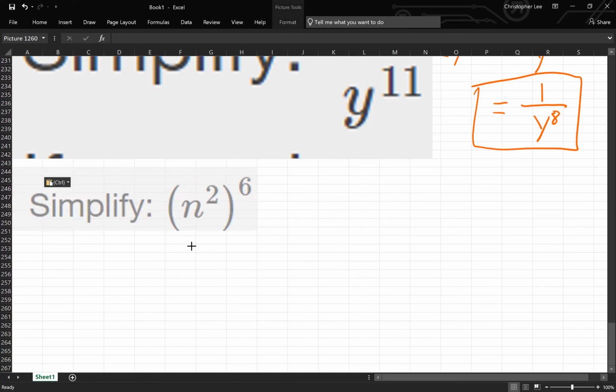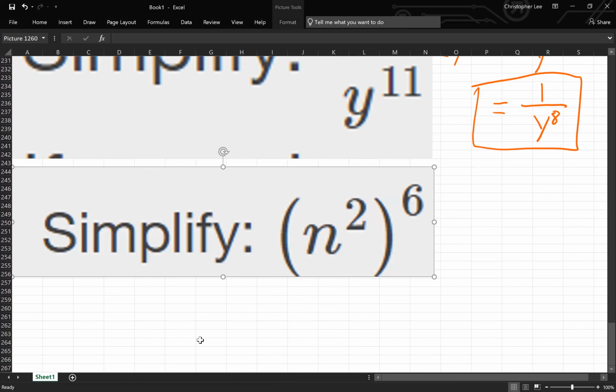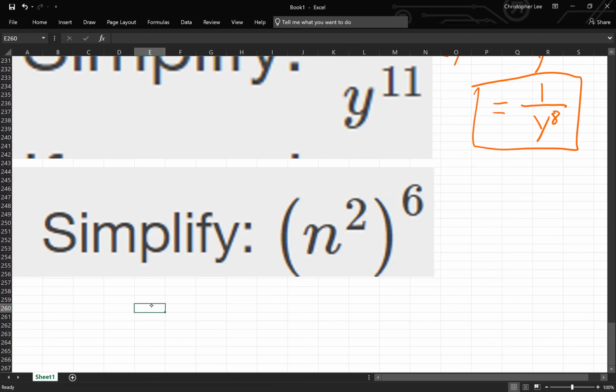All right, this one now. It's a hard one right here. What's the answer? Into the 12 power, right? So whenever we raise a power to a power, we multiply. This becomes n to the 2 times 6 power.